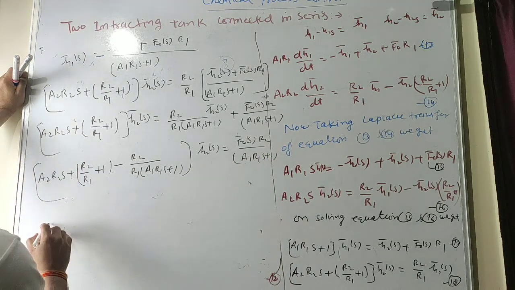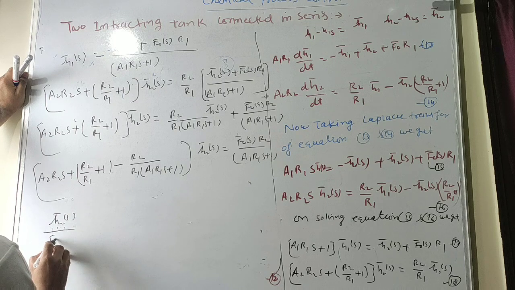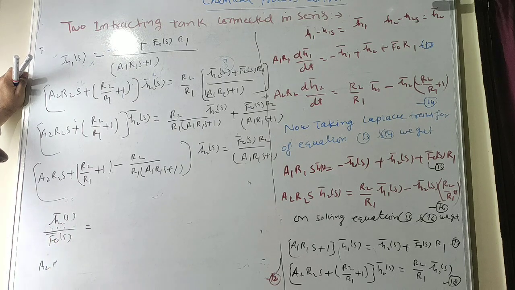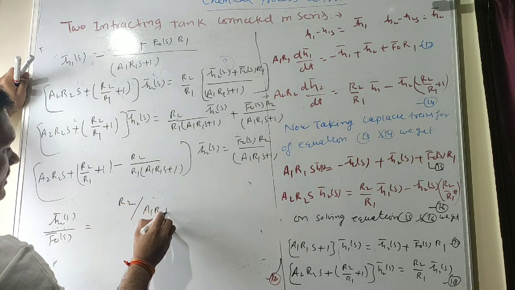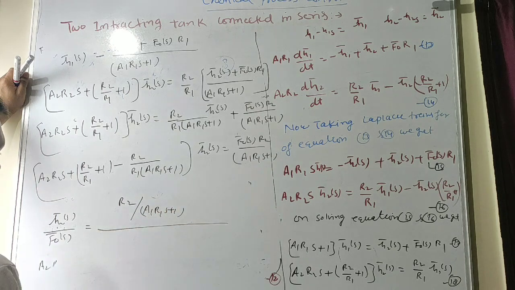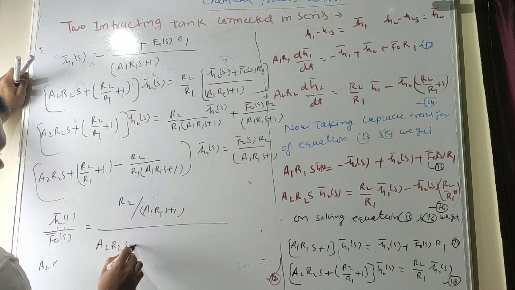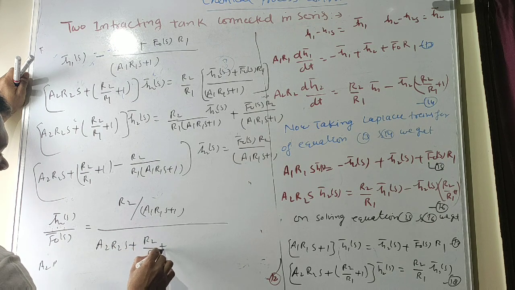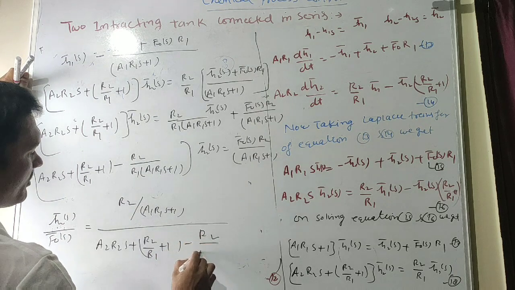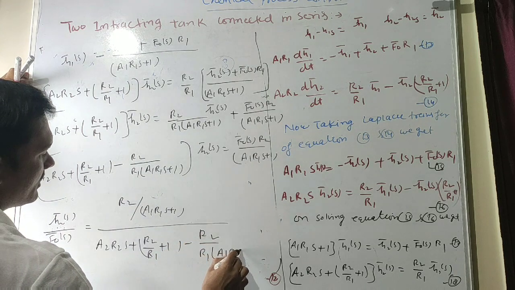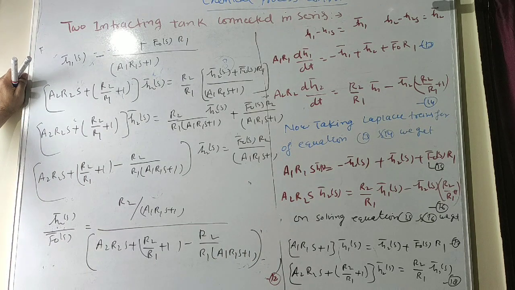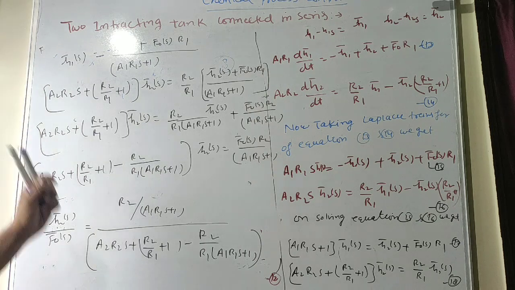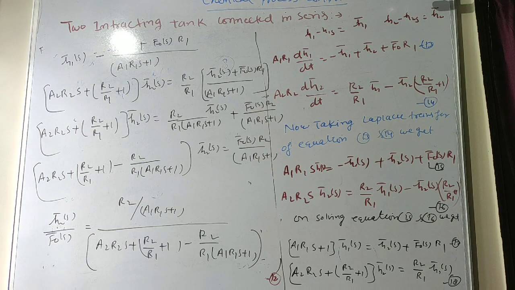So we have to find out H2 bar S divided by F naught bar S equal to r2 divided by a1 r1 s plus 1 whole divided by a2 r2 s plus r2 upon r1 plus 1 minus r2 upon r1 a1 r1 s plus 1. So this is the formula which on solving will give the results.